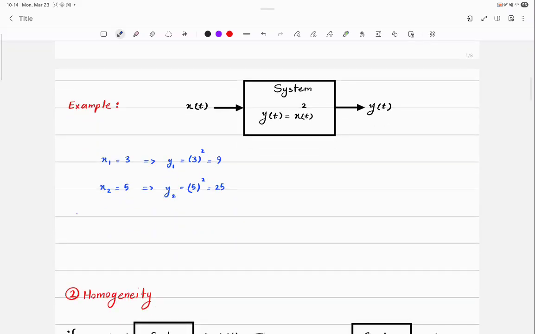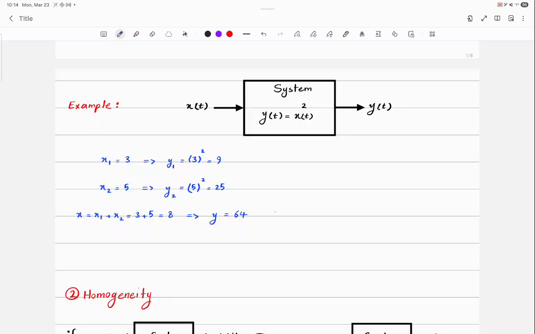Now, let's consider X being X1 plus X2, which is 3 plus 5, which is 8. What is y associated with that? 64.